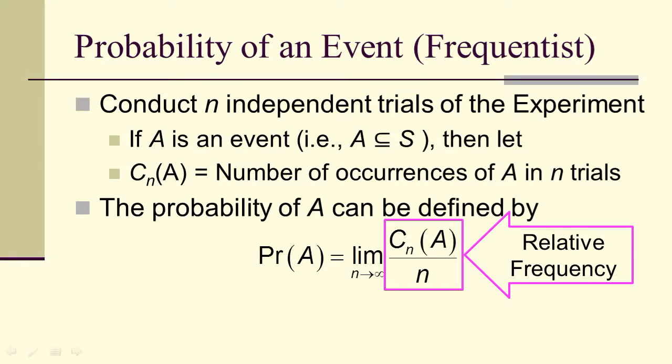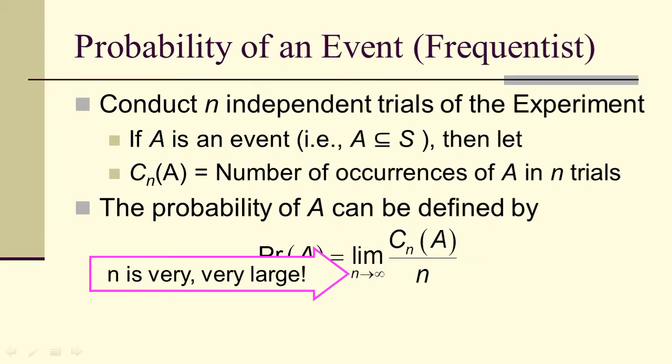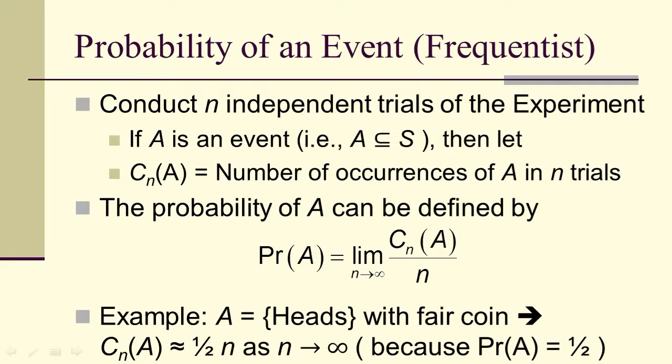We call this thing a relative frequency, C sub n of A over n. And the limit as n goes to infinity means we want to think of probabilities when n is very, very large, many, many trials. For example, if A is the event of heads, and we have a fair coin, then the count of A is about 1/2 n, so about half the time we'll get heads as n goes to infinity, because the probability of a fair coin returning heads is a half.